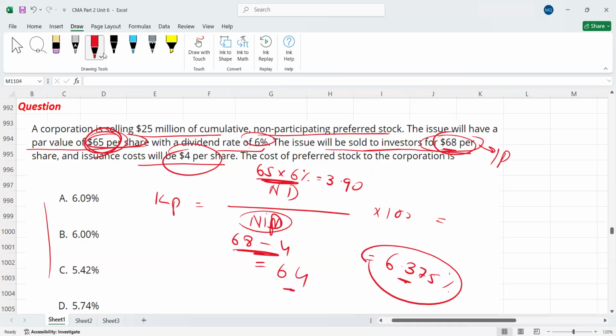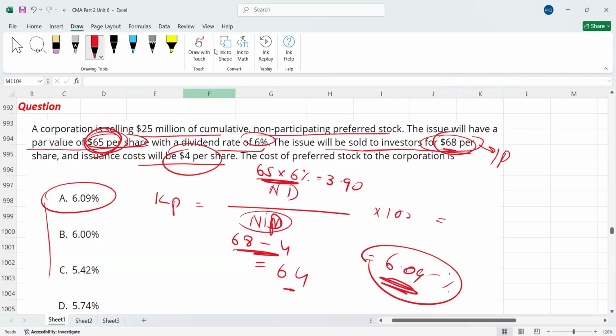Now you can check the answer. So we got 3.90 divided by 64 and multiplied by 100. It is going to be 6.09, 6.0909. So option A is the correct option.